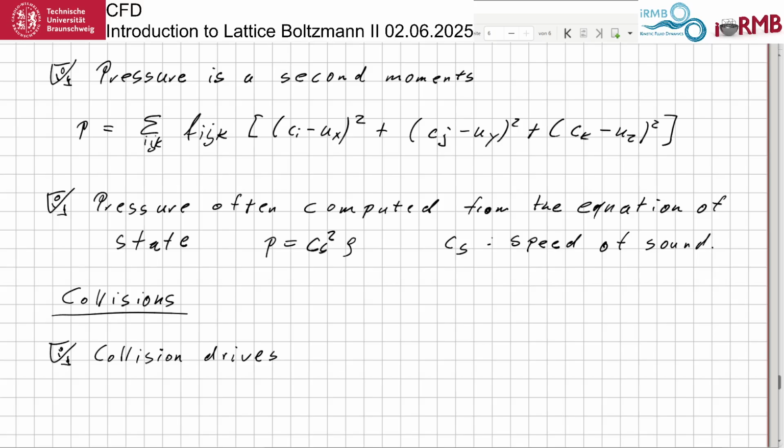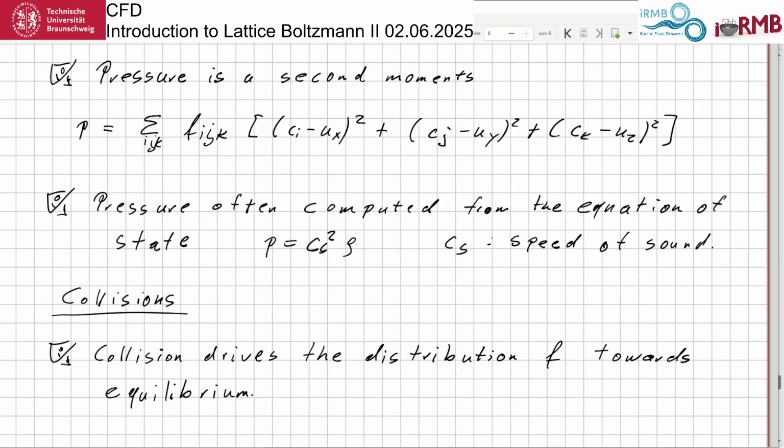The collision drives the distribution F towards equilibrium, meaning that the population after the collision is closer to equilibrium than it was before the collision.